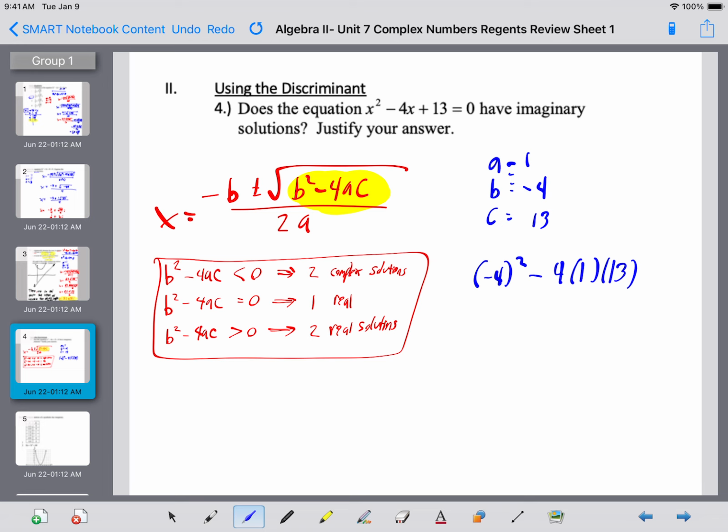So we have -4 squared minus 4 times 1 times 13. You get -36. So -36 is less than 0, which implies two complex solutions.